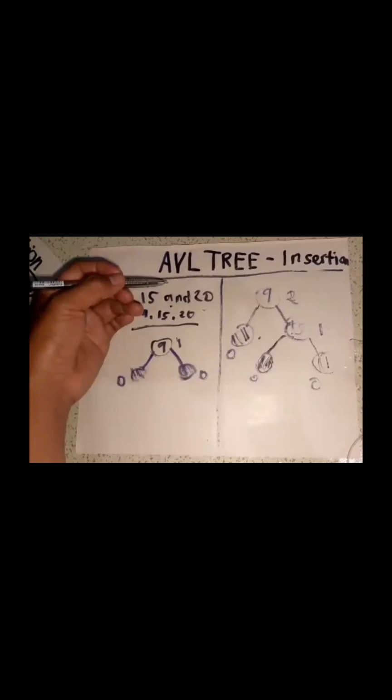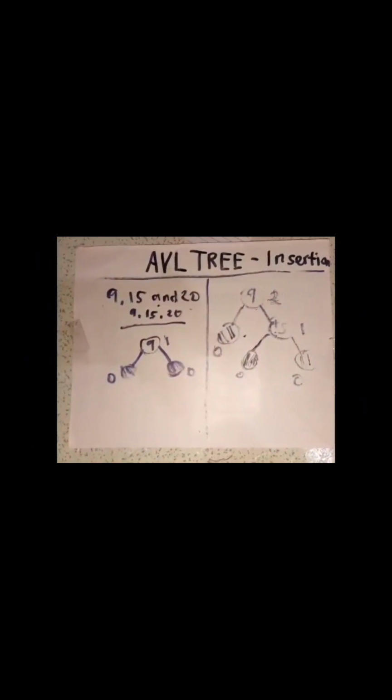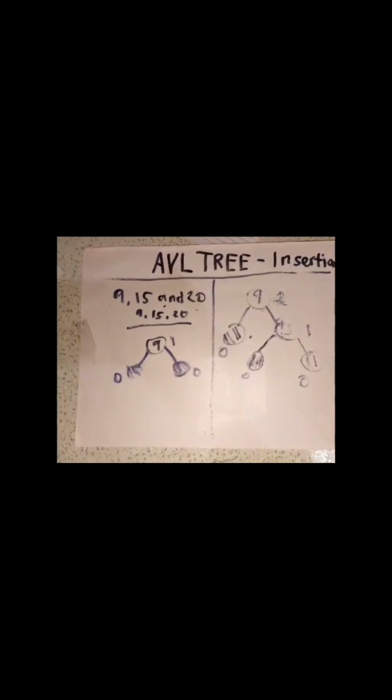The height difference is only 1, so that's acceptable. Then we go to 9. 9 will have a height of 1 plus the max of 0 and 1, which is 1. So 1 plus 1 is 2. So the height of 9 will be 2. At this stage we're not finding any imbalances, so we insert the next element.